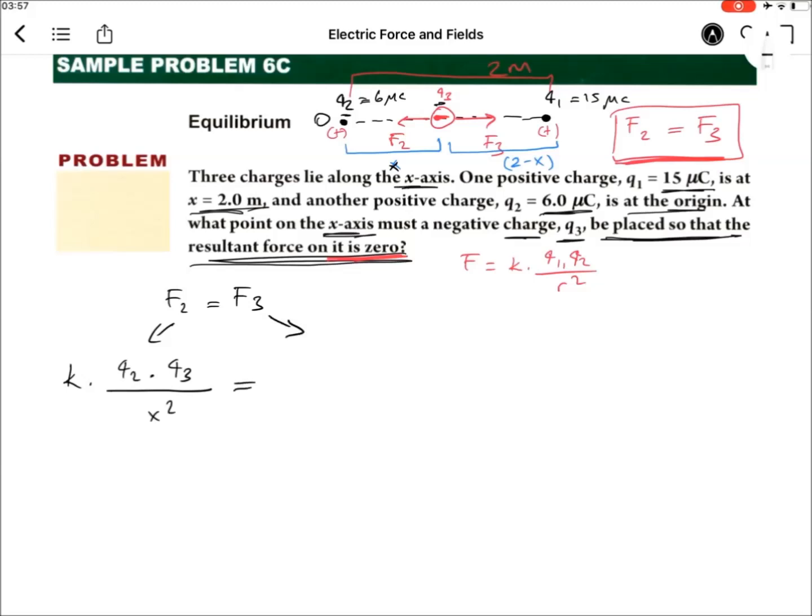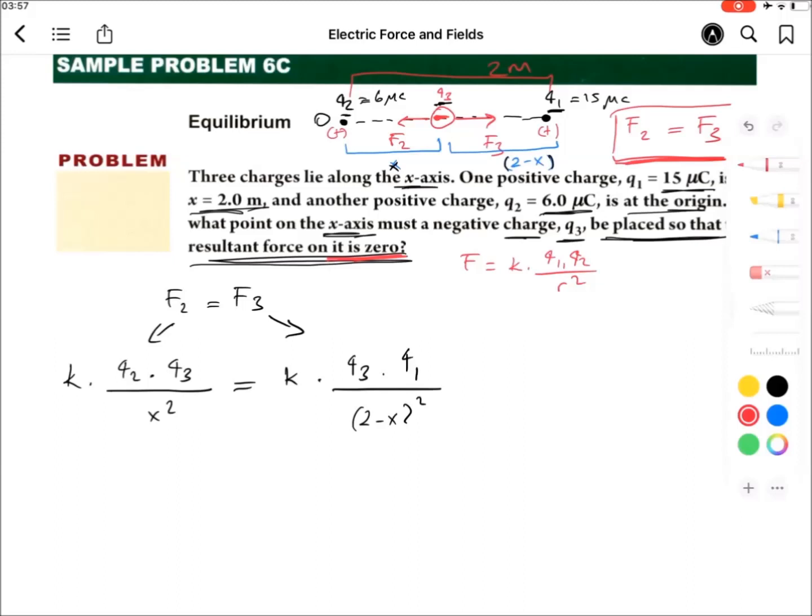This must be equal to F3. F3 is K times Q3 times Q1 over the distance between them, which is (2 minus x) squared.